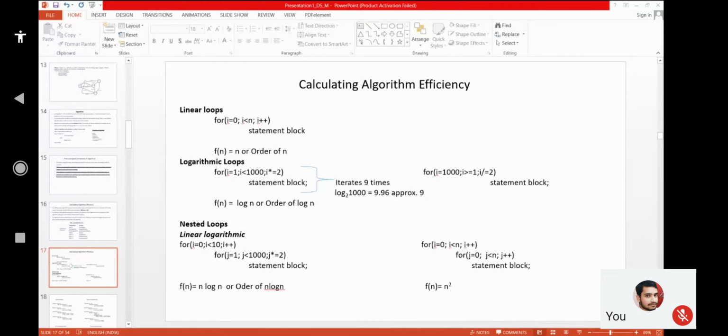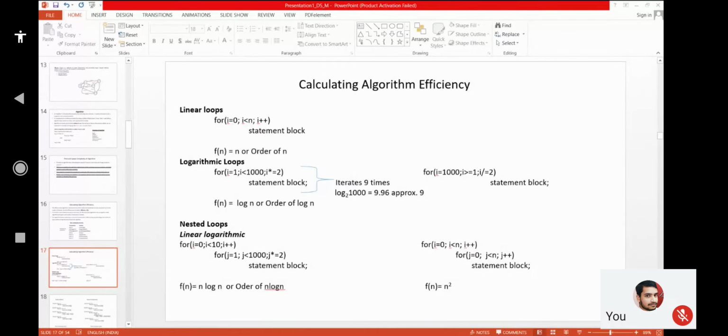Okay. Next one: logarithmic loop. Here I have written one loop: for i equals 1, i less than 1000, and i equals i into 2. Now, someone please say how many times it will execute.